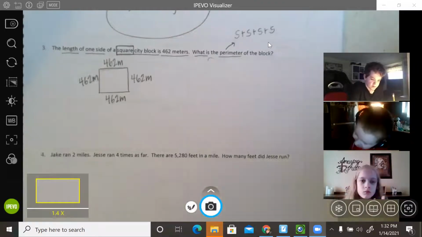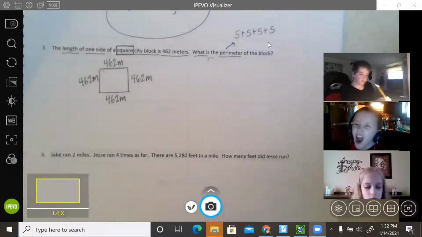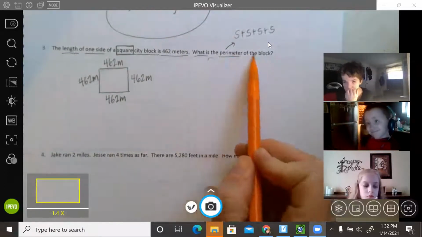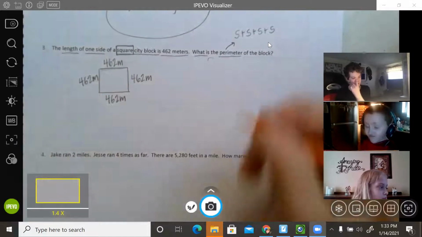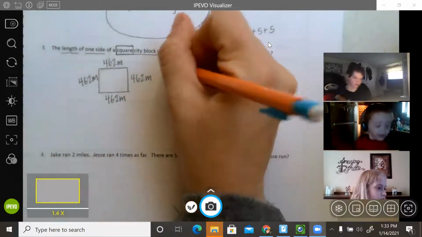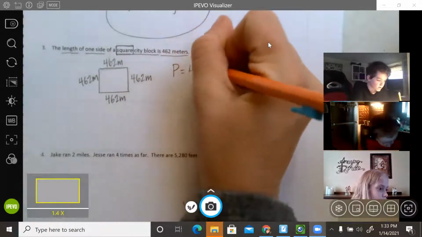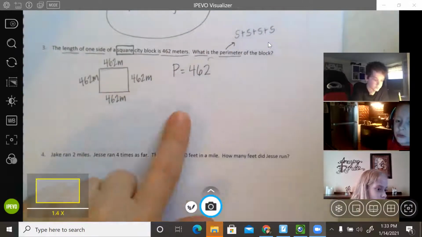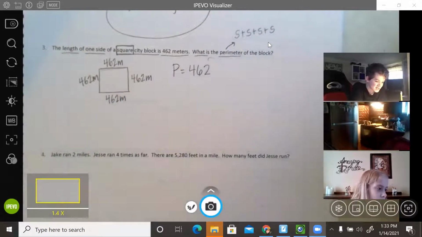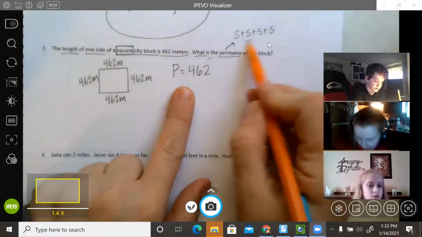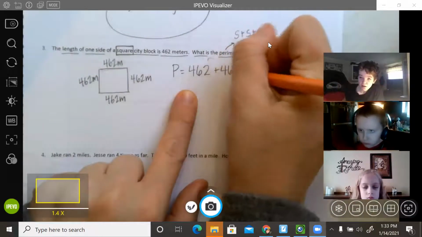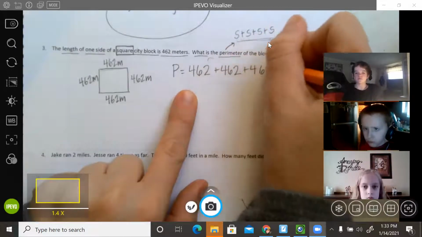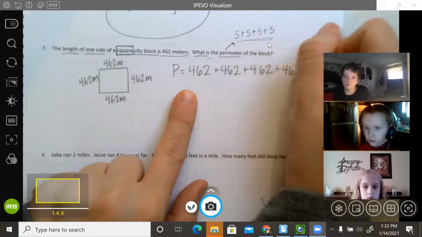Brian, what equation could we use to figure out the perimeter of this block? 462 times 4. Okay, and that is what we're going to do, but I want to show you. If we use the formula, it's side plus side plus side plus side.